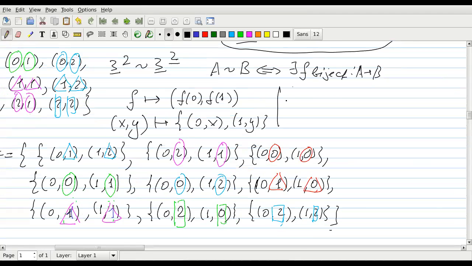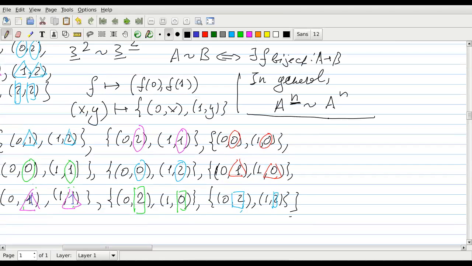And this will always hold. In general, for whatever set A, the set of all n tuples, or in fact, the set of all functions from n underlined to A, that is functions with finite domain, is equivalent to the set of all n tuples.